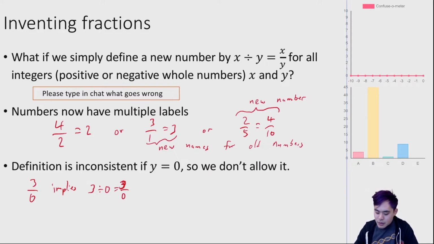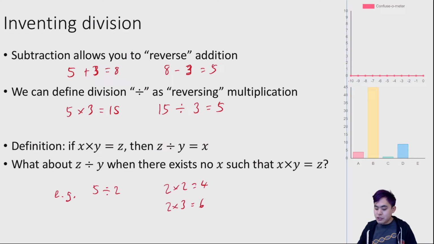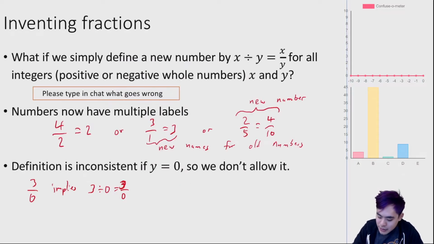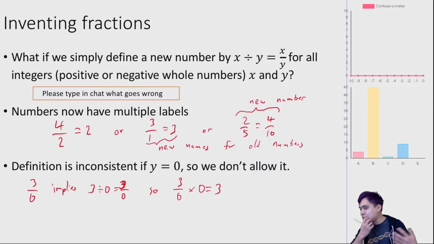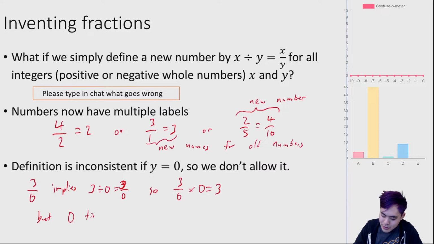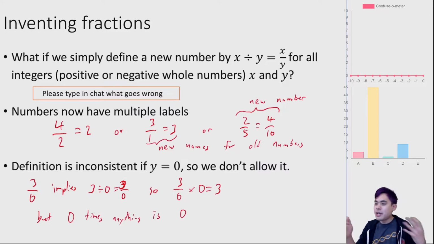Remember how we invented division, as the reverse of multiplication. So then 3 over 0 times 0 is equal to 3. But we also know that 0 times anything is 0. And so you end up with this inconsistency.